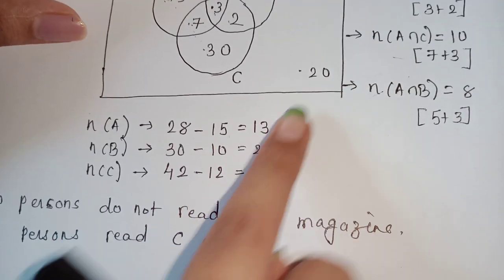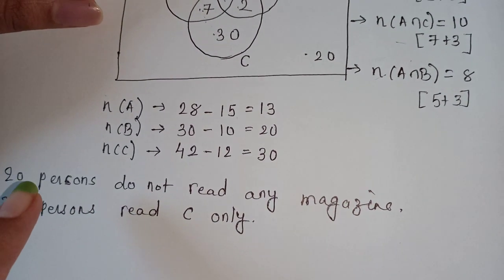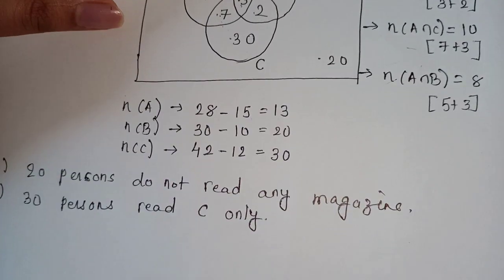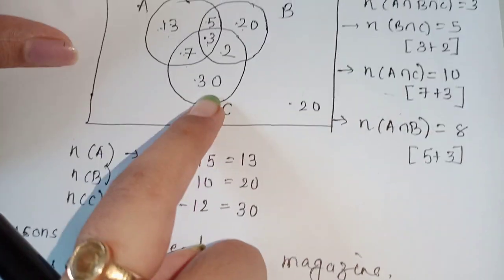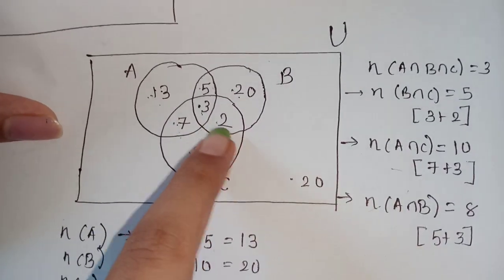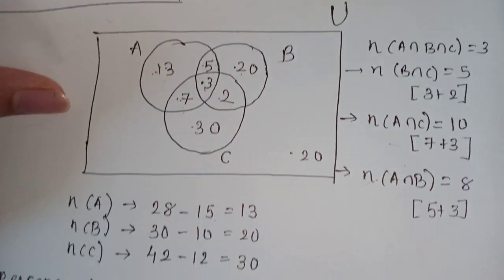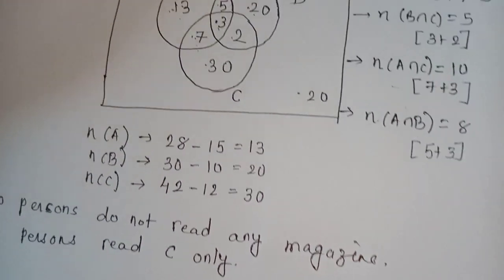Okay, so 20 people will be there who do not read any magazine. And how many read magazine C only? So over here, it is clear? 30. So 30 persons read magazine C only.